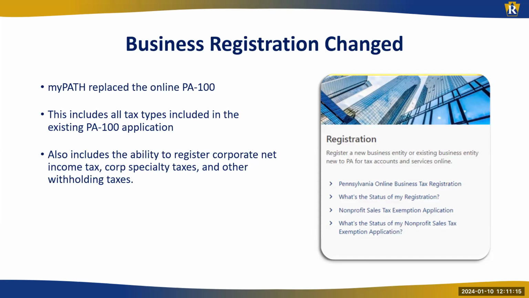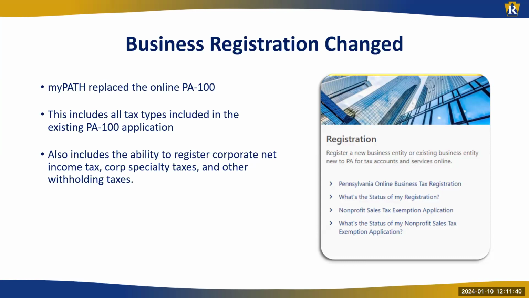It also includes the ability to register for corporate net income tax, corporation specialty taxes, and other withholding taxes, which is new. You can view a full list by clicking on the link to the Pennsylvania Online Business Tax Registration from the myPATH homepage.